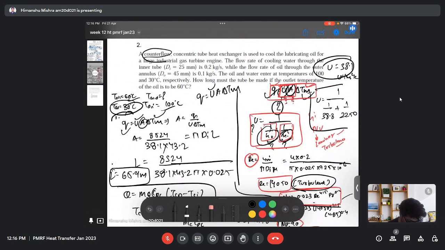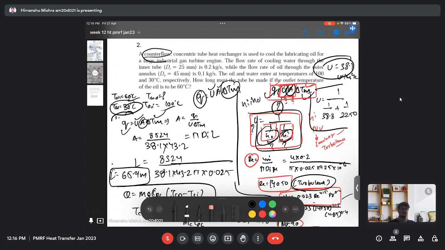But U was unknown, A was unknown, and we only calculated the actual heat transfer and the LMTD. So to calculate U, we use this relation. But again, my inlet and outlet heat transfer coefficients, HI and H0, were unknown. So we use the convective heat transfer concept, where we calculate the Nusselt number based on the laminar or turbulent flow to calculate the heat transfer coefficient.